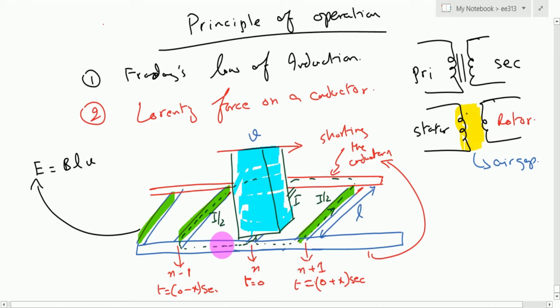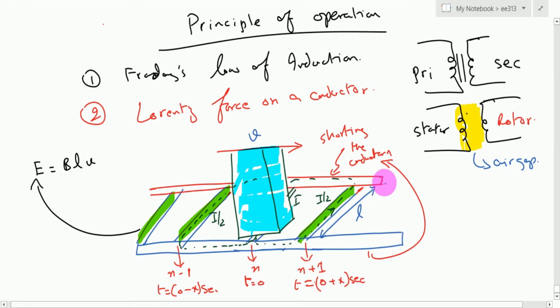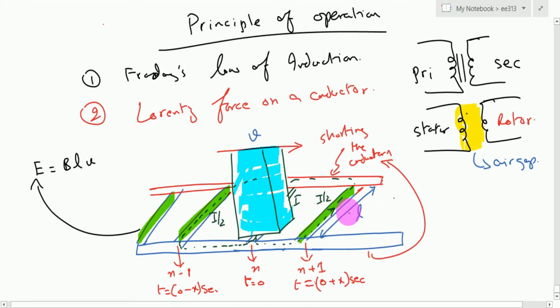Now, as we have seen from Lenz's law, we have the voltage E available, and the current flowing because of the two shorted ends of the conductors. So there will be a force exerted on this ladder, and this force will try to drag the conductor along with the magnetic field. So the conductor will try to move in the same direction as this permanent magnet.